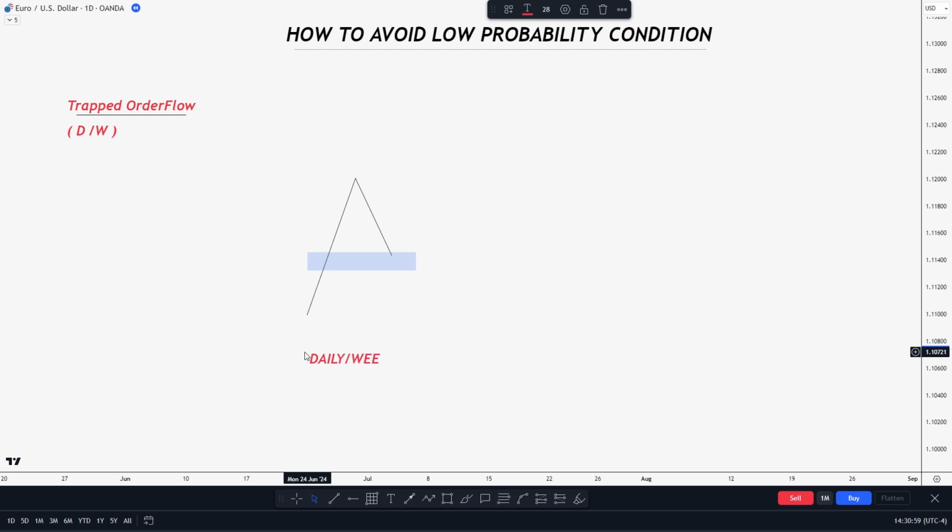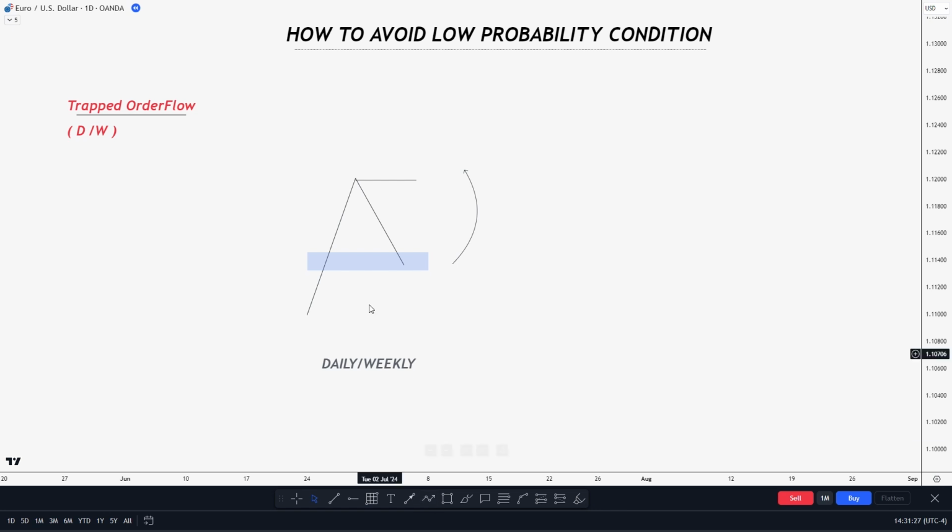Say we tap the daily bullish fair value gap. Now we know we are at a daily bullish fair value gap, so we have to look for the long setup, internal to external, right?